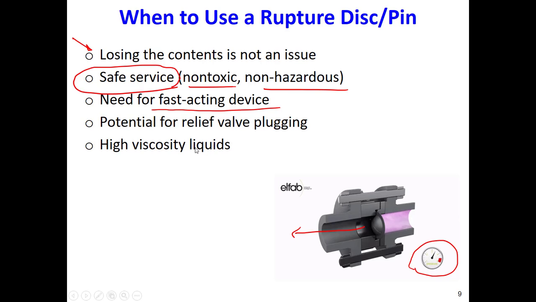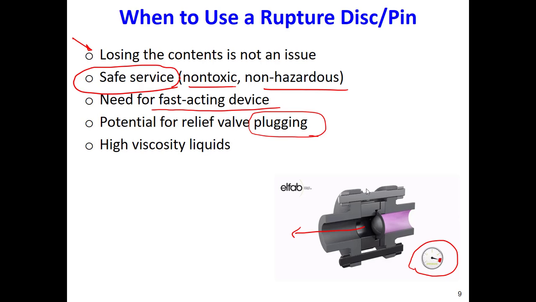It will act quickly, as soon as pressure reaches the rupture pressure, it will rupture. And in case we might have plugging in the pressure relief valve, we will use this kind of device.